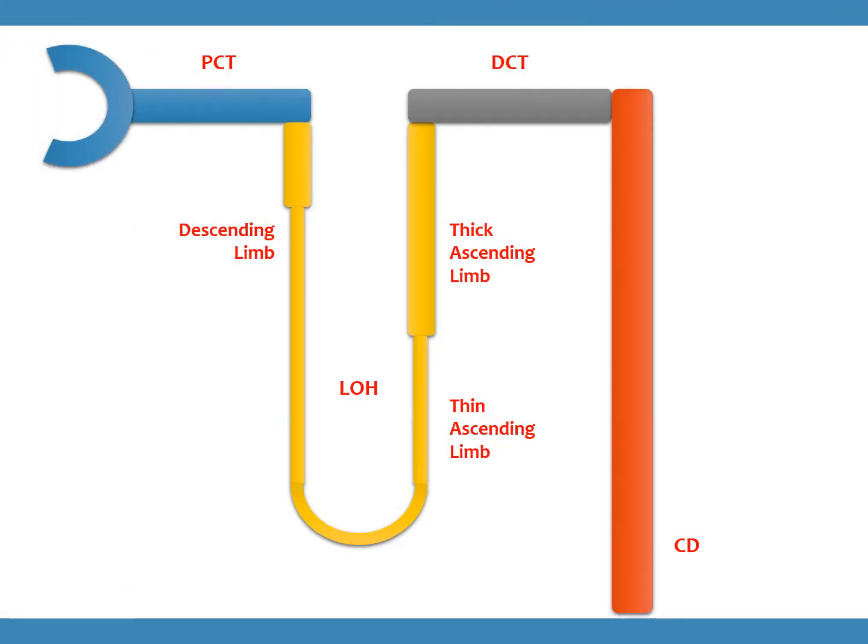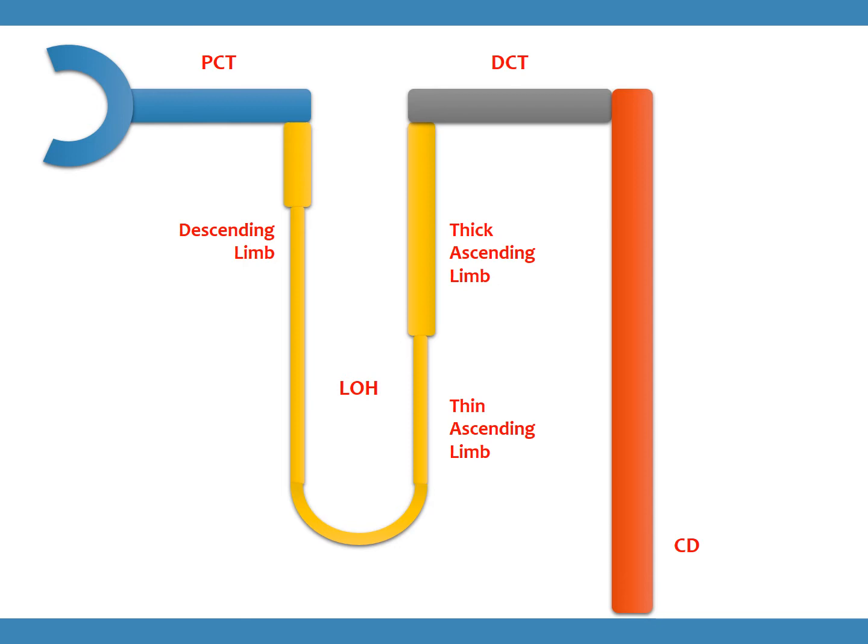Now what we will do is look at a schematic diagram of the renal tubule starting from Bowman's capsule. The first part is the proximal convoluted tubule, followed by the loop of Henle. The loop of Henle has three parts. The descending limb of the loop of Henle is a thin tube.